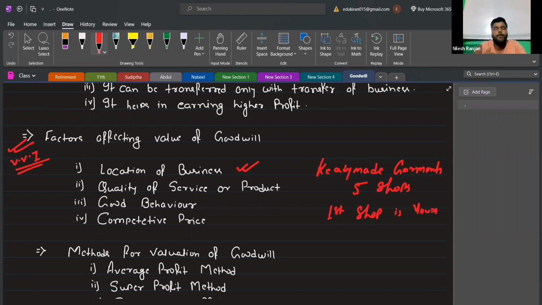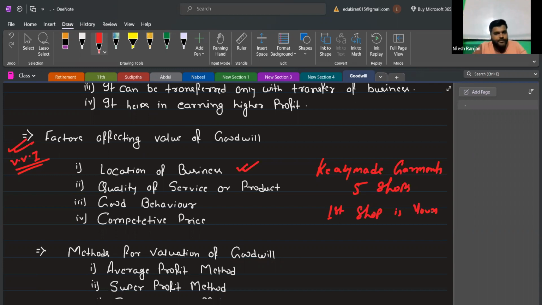Generally, when we go to a sweet shop or a restaurant, we prefer to go where the food is tasty and the service is good. Because all the things that matter to us are good. And if they charge a little bit higher price, there is no problem with that. Yes or no? Yes, sir. So quality of service or product matters.